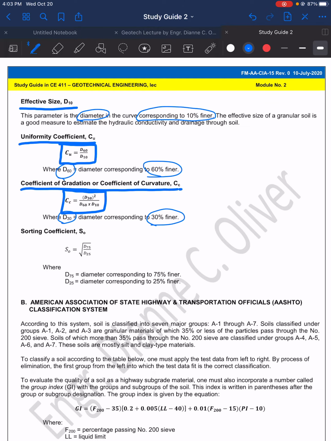Now, if the question is asking for the sorting coefficient S sub O, we have S sub O equal to square root of D75 over D25, where D75 here is the diameter corresponding to the 75% finer, and D25 is the diameter corresponding to 25% finer. Okay, so these are the things that you need to classify the soil using the USCS.